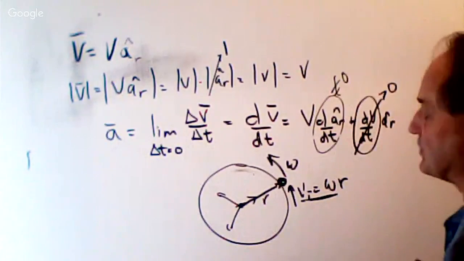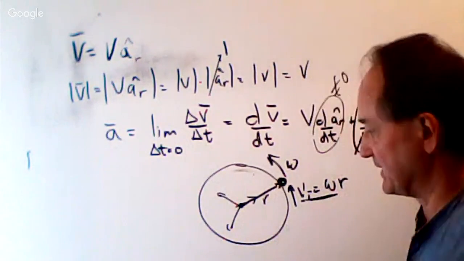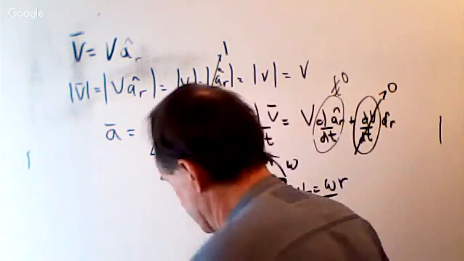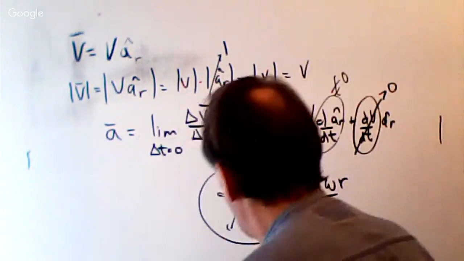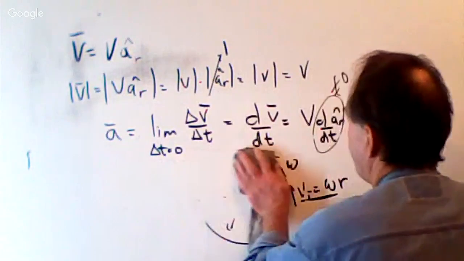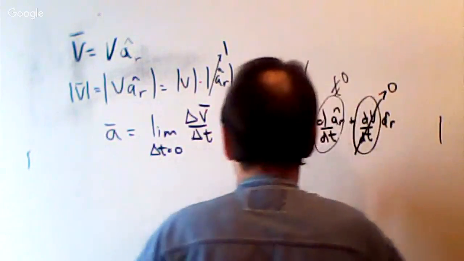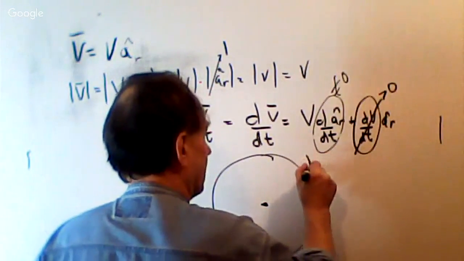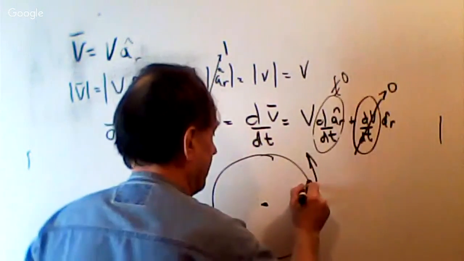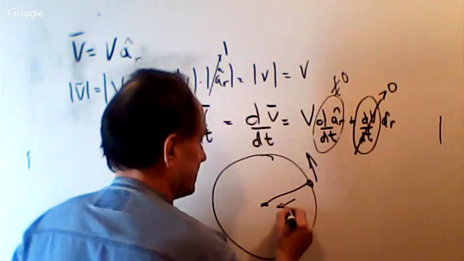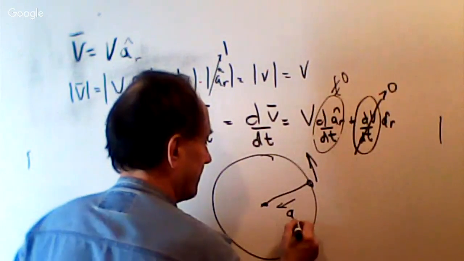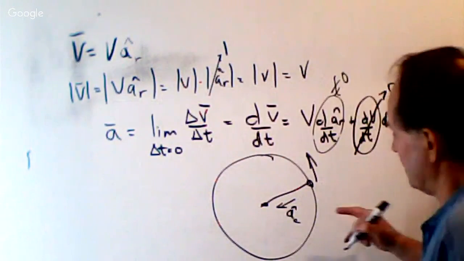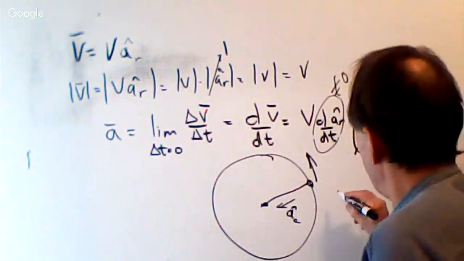And that gives rise to what we call the centripetal acceleration, which is directed inward towards the center of the circle. There's a centripetal force that's directed inward as the rock is moving around. There's a centripetal acceleration, I'll call it AC, directed towards the center of the circle. And then there's a centripetal force.